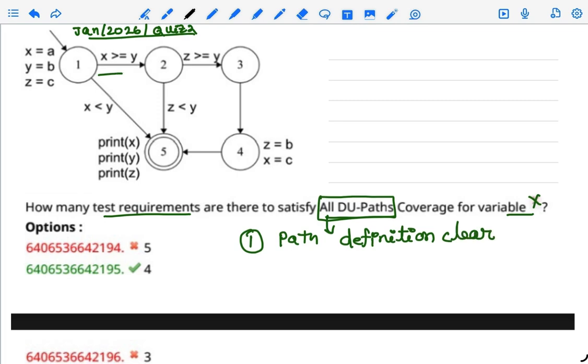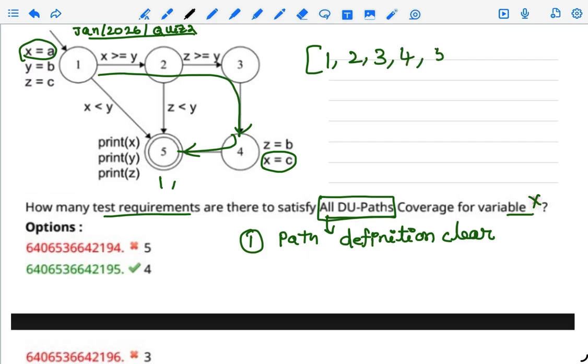For example, in this path 1 2 3 4 5, x is defined at x equal to a and used at the 1 comma 2 edge, x greater than or equal to y, and used at print x, but x is again redefined at x equal to c.